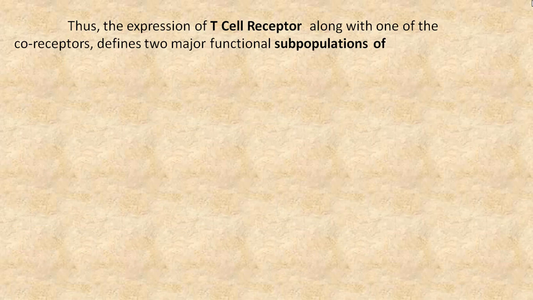Thus, the expression of T cell receptor along with one of the co-receptors defines two major functional subpopulations of T lymphocytes.